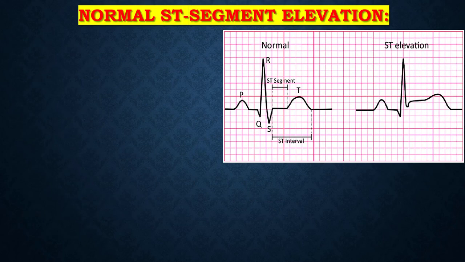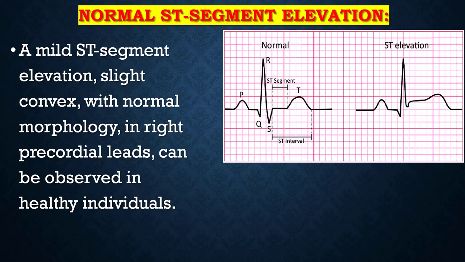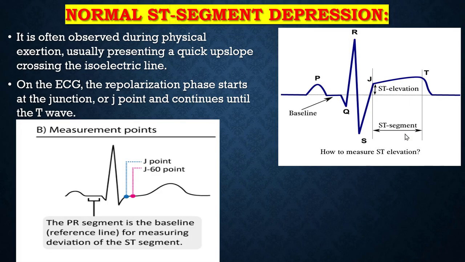A mild ST segment elevation, slightly convex with normal morphology in right precordial leads, can be observed in healthy individuals. You can see there is convex ST elevation. This is usually present in healthy individuals. It is often observed during physical exertion, usually presenting a quick upslope crossing the isoelectric line.